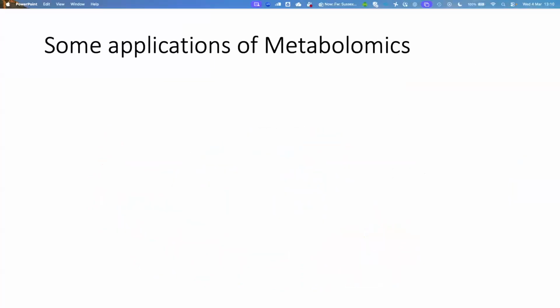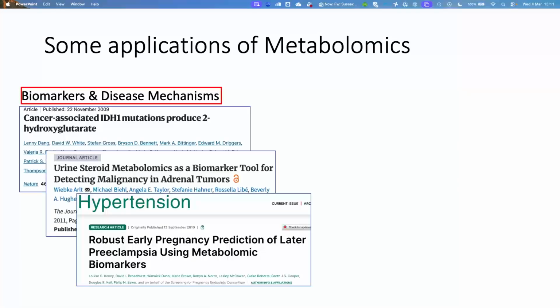Okay, so what can metabolomics do? Well, I just did a quick Google search basically to show you a few applications. So one of the biggest areas, especially in the biomedical area, is that it generates biomarkers and an understanding of how diseases operate. So here are a few high-impact papers. For example, biomarkers for cancer, which have actually been developed into clinical biomarkers, steroidal biomarkers for different kinds of tumors there.